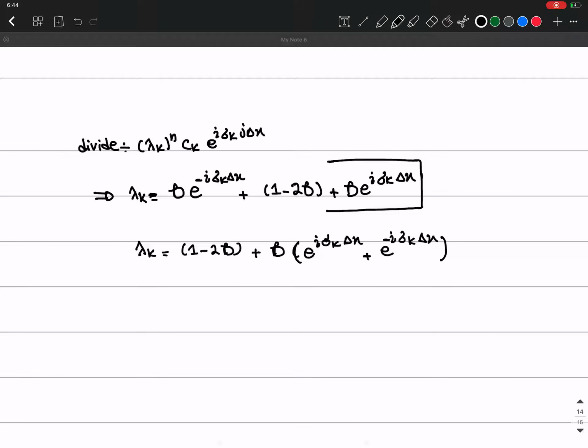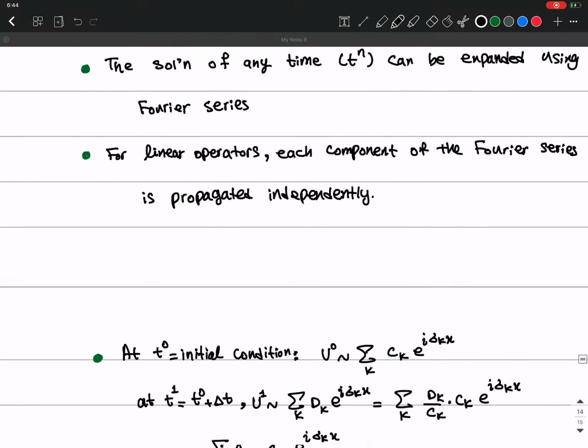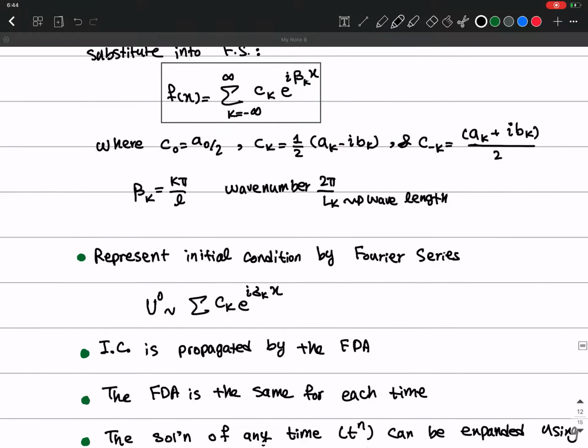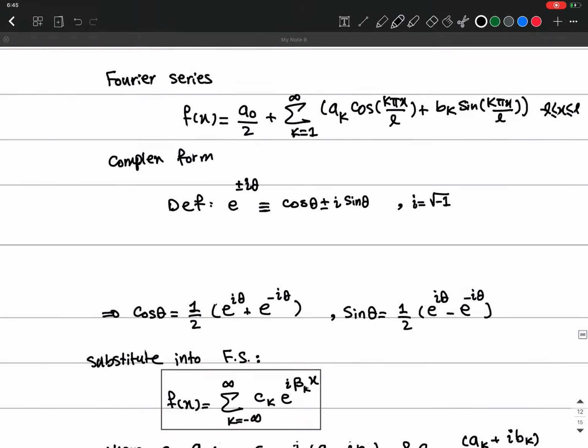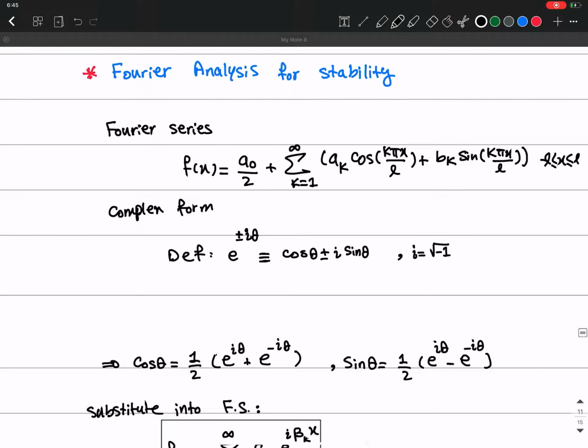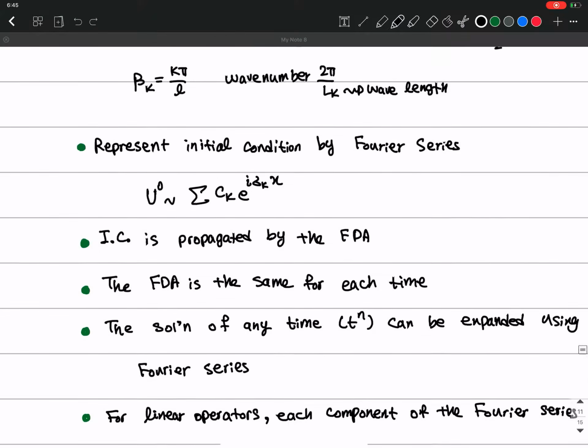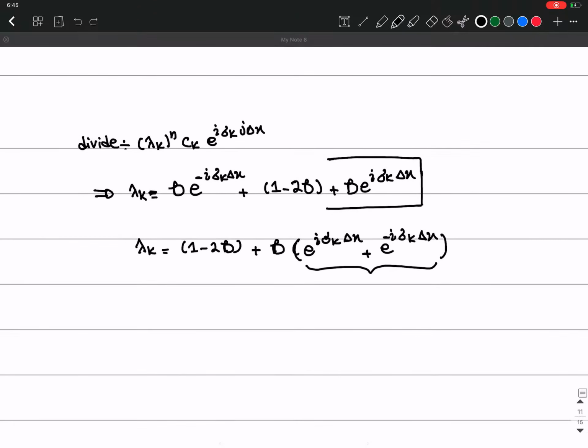Based on the definition of e^(i theta), an imaginary number, you can write this as 2 cosine sigma_k delta x.